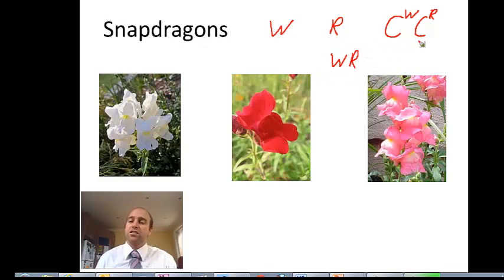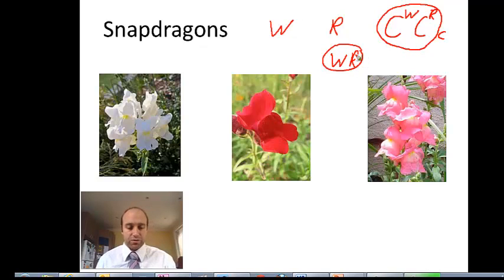This is probably a bit more useful if we get into more complicated scenarios, because it indicates with the capital letter here that both are actually dominant. And if we had a different allele coming along that was recessive, we could indicate that with a small letter. So it gives you a bit more flexibility. So I suppose we prefer to use this way of writing it, but don't be surprised if you see individuals written like that as well.